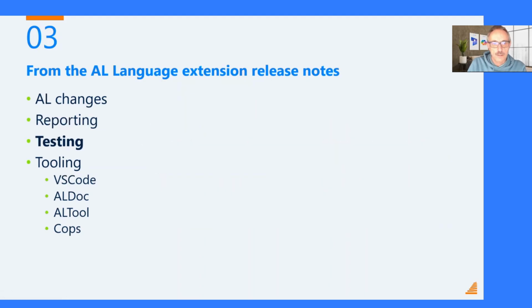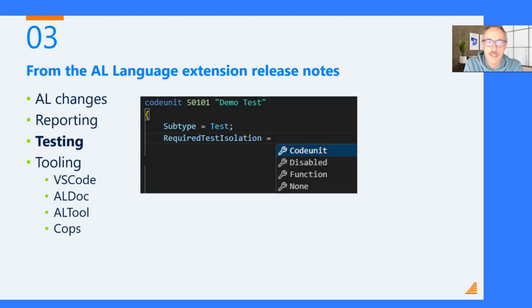Testing. There are a few changes in the tests also. The first one is that if you create a test codeunit, you can now require a type of test isolation. Test isolation is a setting on your test runner, but not all the tests that you write may function correctly for all test isolation types.